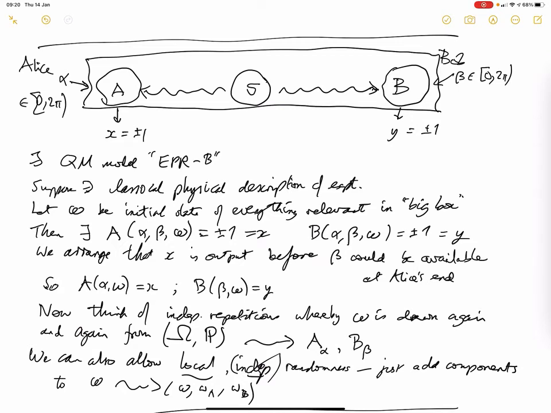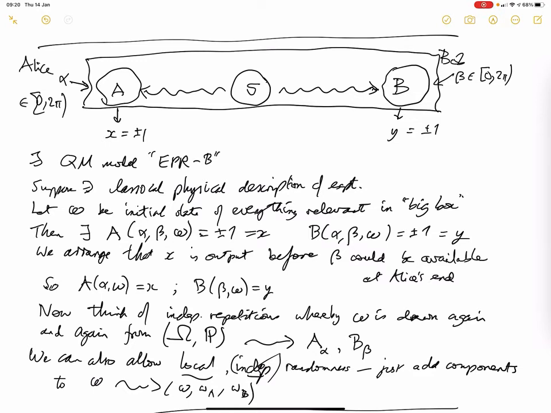And in those labs are big pieces of experimental apparatus called A and B. They receive a particle coming from S, and they have to be preset by Alice choosing an angle alpha and Bob choosing an angle beta. Sorry, these were theta and phi. Now I'm going to call them alpha and beta.